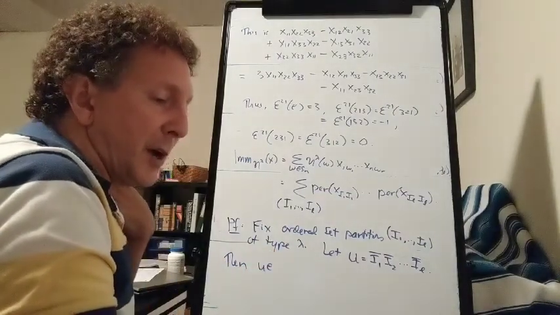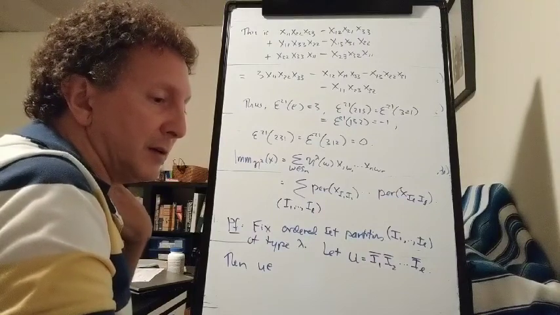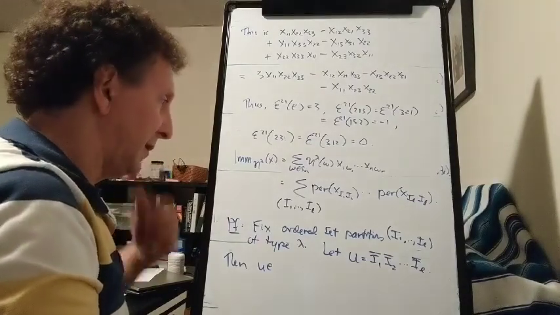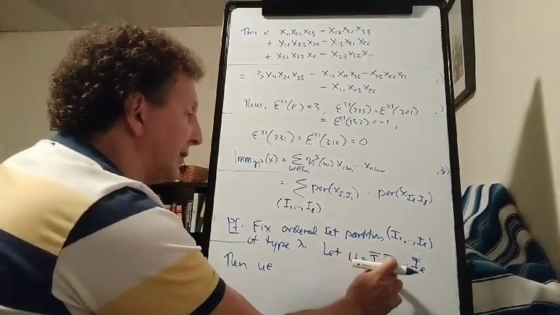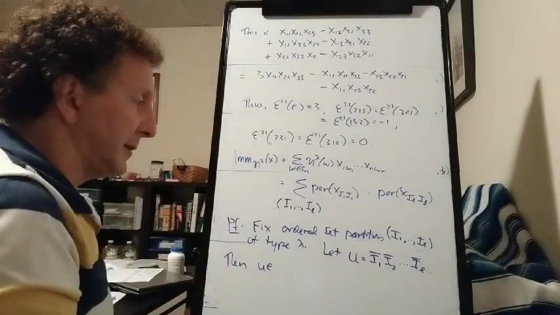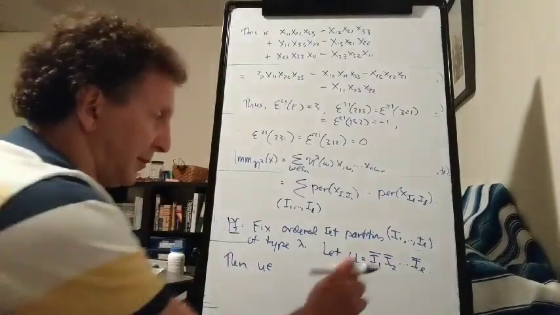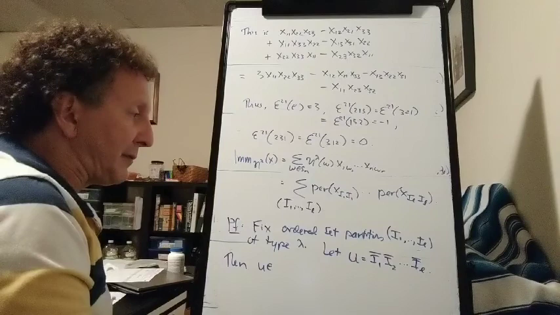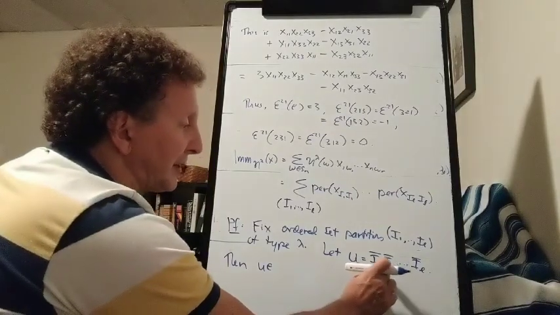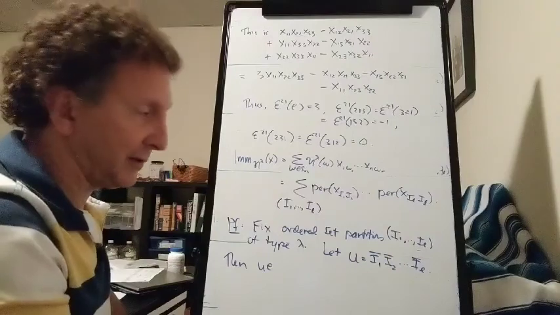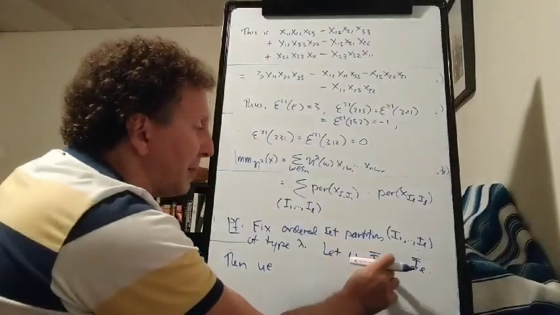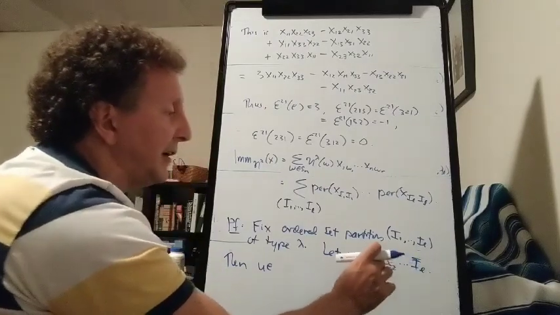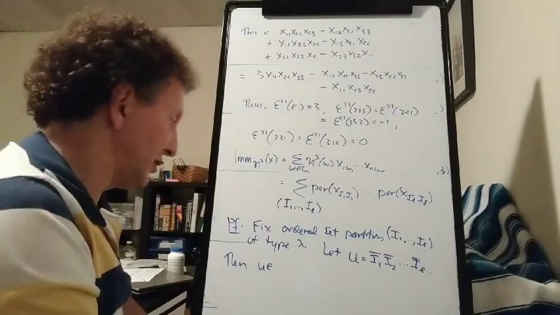Then U is a minimal element of a coset of the parabolic subgroup S lambda. So we've got increasing sequence, increasing sequence, increasing sequence, so no inversions in any of these blocks. If we multiply on the left by something that permutes the first lambda 1 letters, it's going to increase the number of inversions. If we multiply by a permutation that permutes the next lambda 2 letters, it's certainly going to increase the number of inversions.